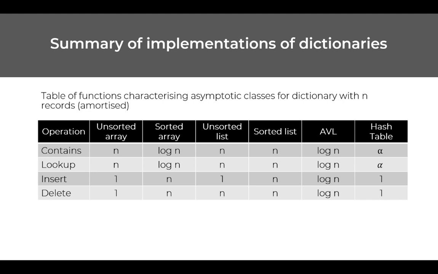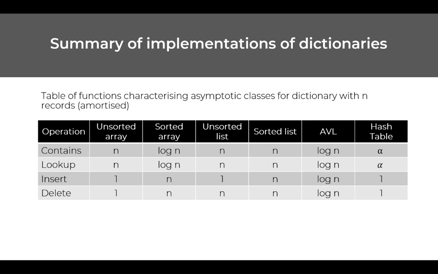So we've seen now that to implement a dictionary, we've got different ways of doing it. We can use an unsorted array, unsorted list, AVL, and hash tables. We can see that using AVL is pretty efficient. We've got everything in log n. However, a well-designed hash table will be, in general, of constant time, where alpha is the load factor, which is the number of elements divided by the number of slots.